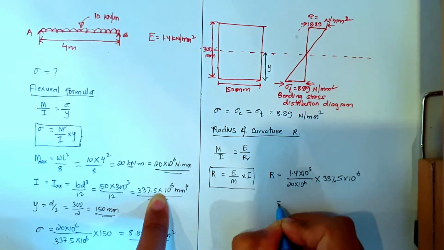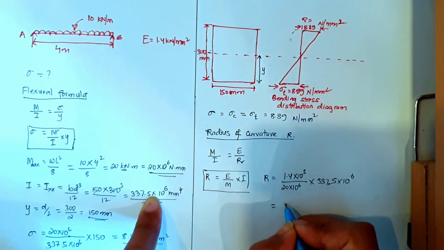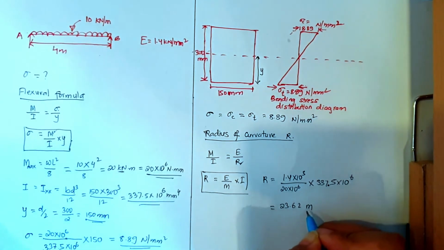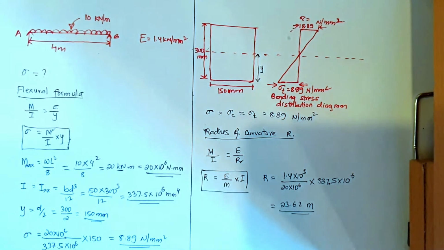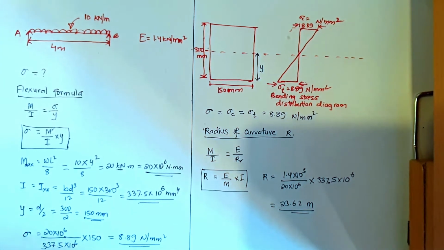So from here you will be getting R equal to 23.62 meter. So the radius of curvature is equal to 23.62 meter. So I hope this numerical is clear.